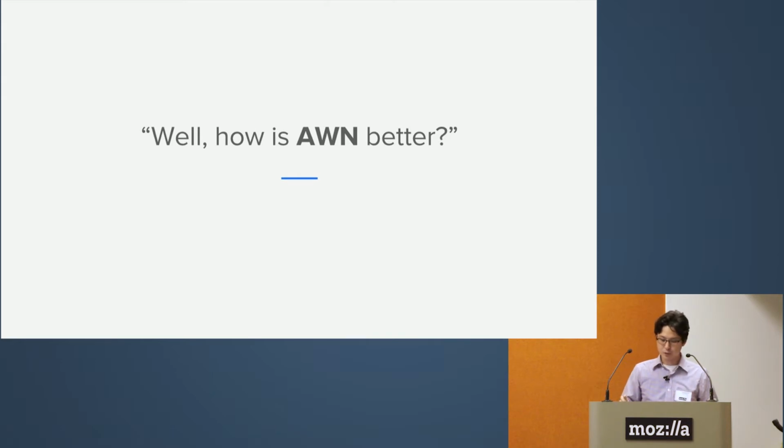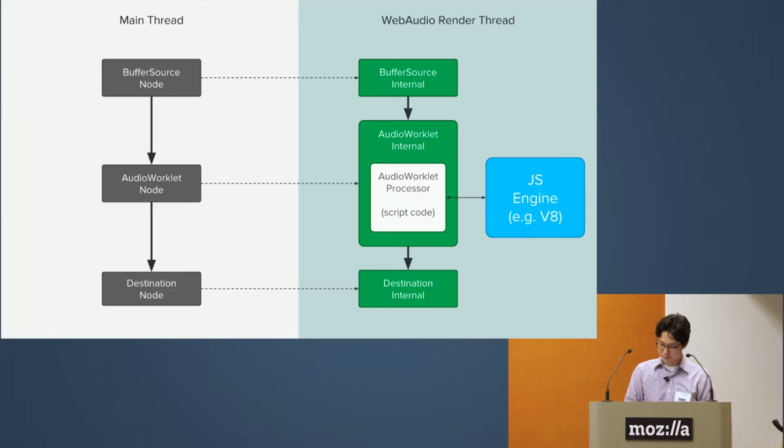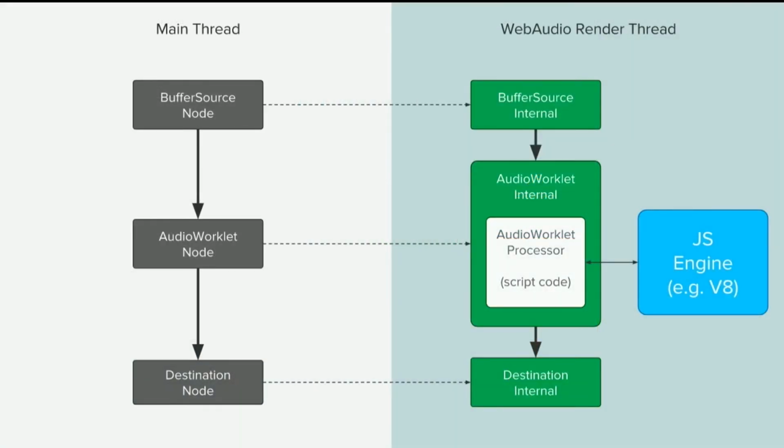So the next question is, how is this AudioWorklet node better? This is how AudioWorklet works. The biggest difference in its implementation is that with AudioWorklet, the V8 engine, the JavaScript engine, is running on the audio rendering thread. This hasn't been the case for the last 5 years.